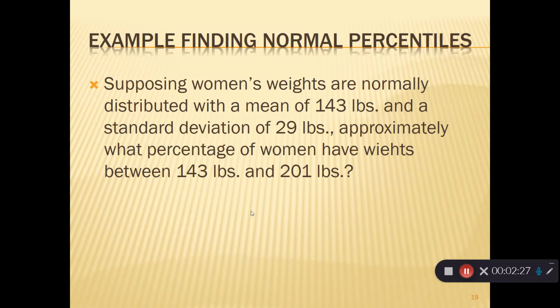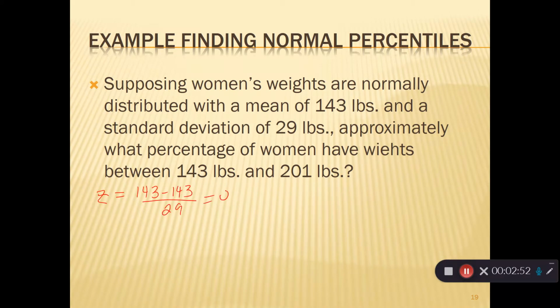Let's look at an example. Suppose women's weights are normally distributed with a mean of 140 pounds and a standard deviation of 29 pounds. Approximately what percentage of women have weights between 143 and 201? So we start by getting the z-scores. My z-score is going to be my data value, 143, minus the mean over the standard deviation.